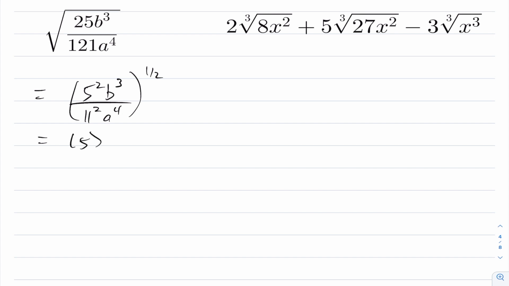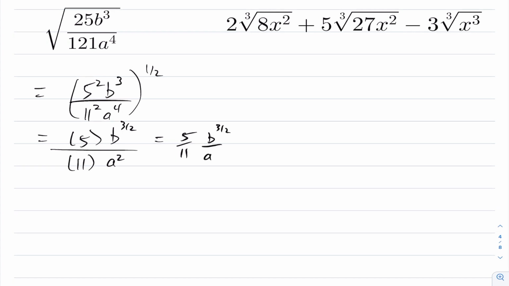When I distribute to the b cubed, it becomes b to the 3/2. When I distribute to the 11 squared, you just get 11. And lastly, when I distribute to the a to the power of 4, you get a squared. So this ends up being 5 over 11, b to the 3/2 over a squared.